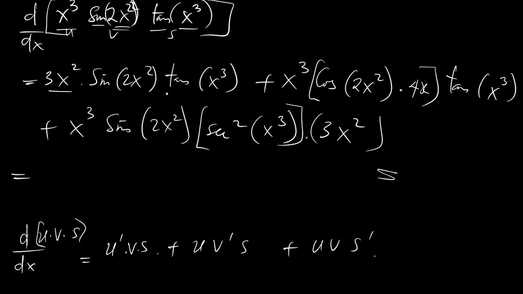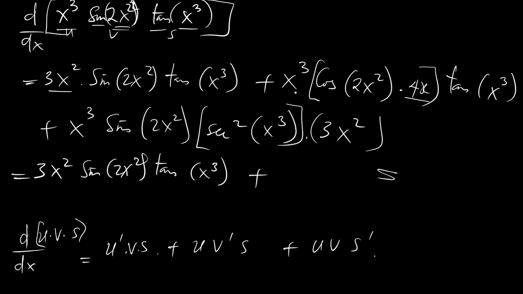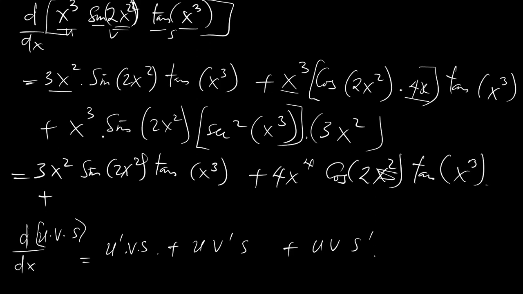You now have, this is equal to 3x squared sine 2x squared and x cubed plus, bring out this is 4x times x cubed. You have 4x to the power 4 cos 2x squared and x cubed, then plus this, you bring this and this together, you have 3x squared times x cubed.